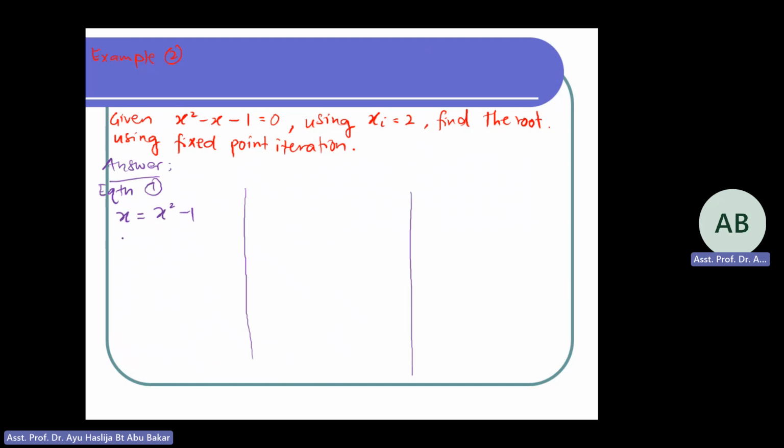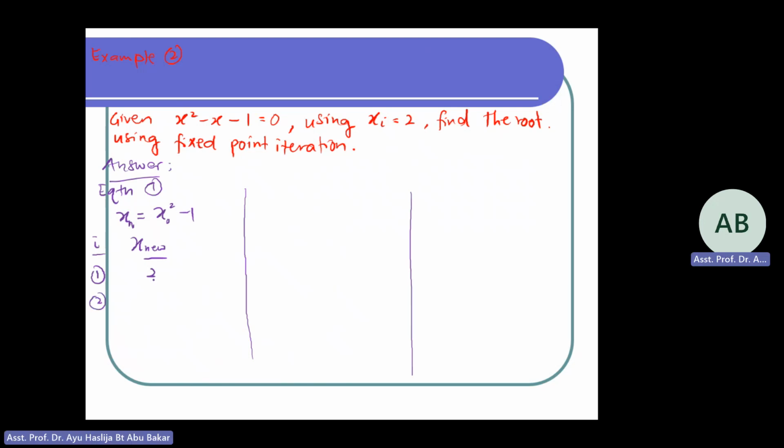But when you do, that means here is X new, X old. Our starting point is 2. So when you do the iteration, first iteration, you will get 2.